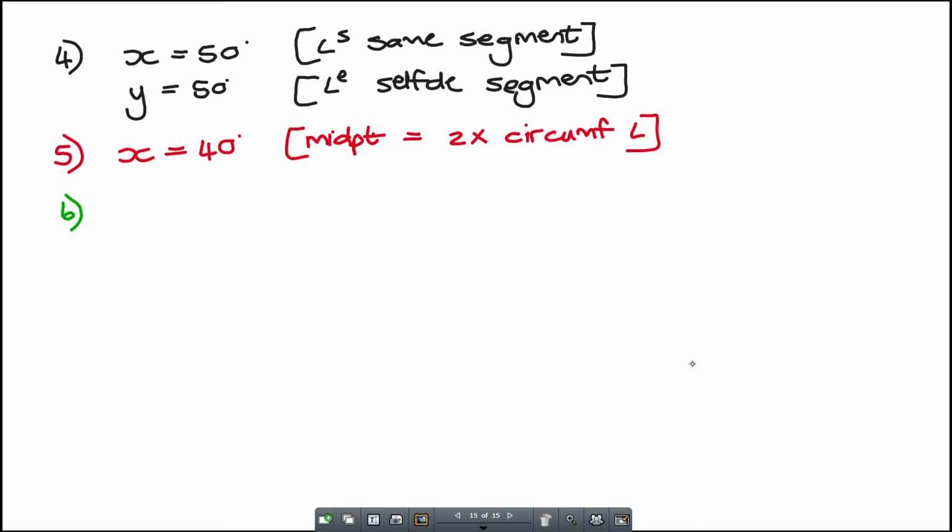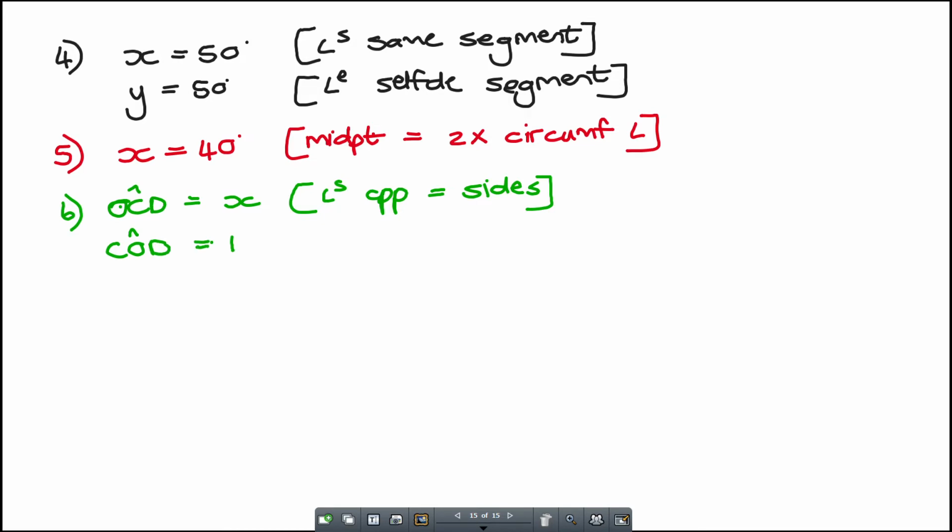Okay. Right, number 6. We again had that isosceles triangle, so the angle at C, so OCD, would be x. Angles opposite equal sides. Okay, so COD would then be 180 minus 2x. Do you guys agree? Nee, want dis hoeke van 'n driehoek.